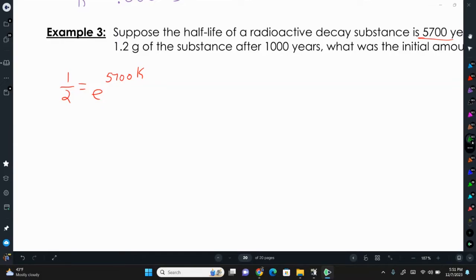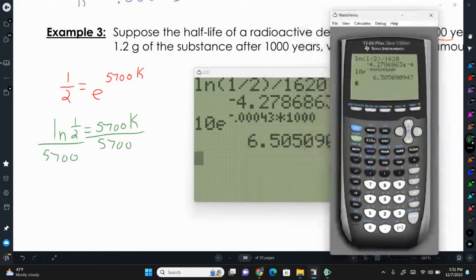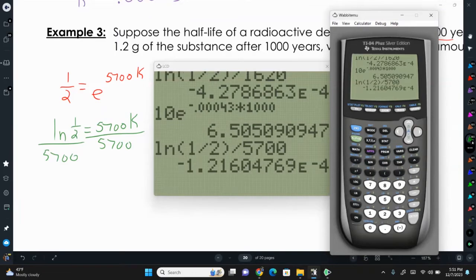So then we're going to do the ln, or natural log, of 1/2 equals 5,700 times k. And when we divide both sides by 5,700, it's going to be a small number again. So the ln of 1/2 divided by 5,700, and we get the same thing.